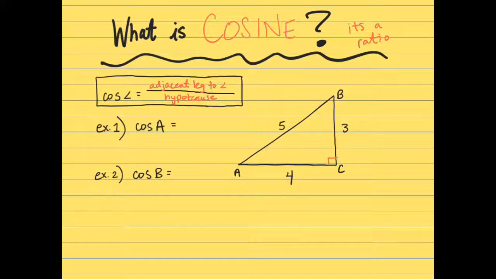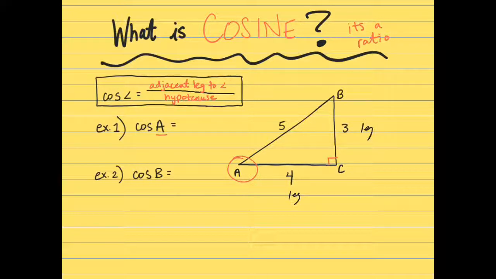So if I were to ask you, hey guys, what's cosine of A? I'm going to look at angle A. So from angle A's perspective, what is the adjacent leg? Now, adjacent leg, I've got two choices because there's two legs. Which of those legs is adjacent to angle A?